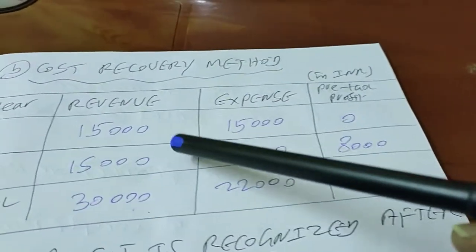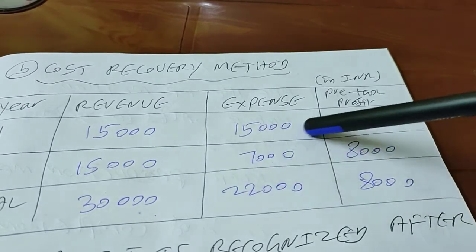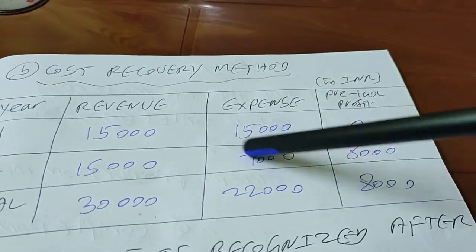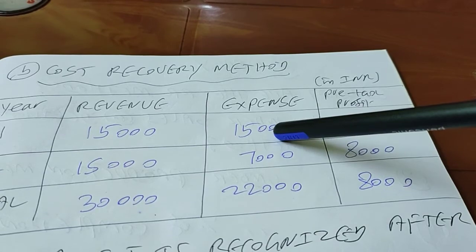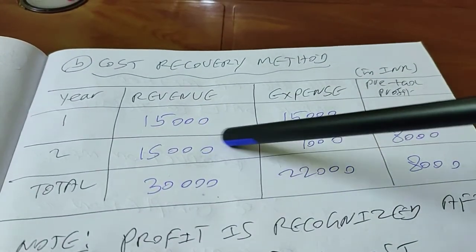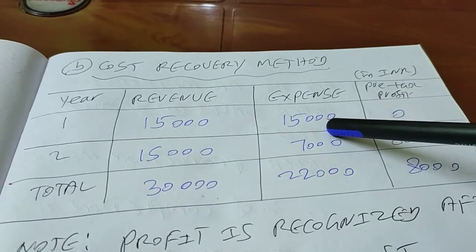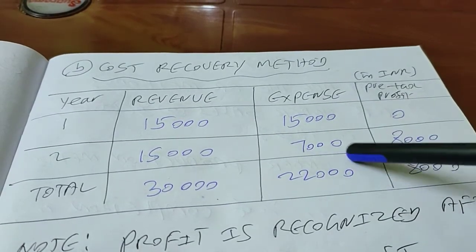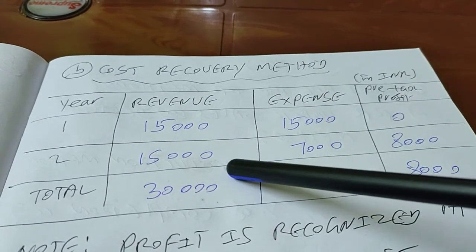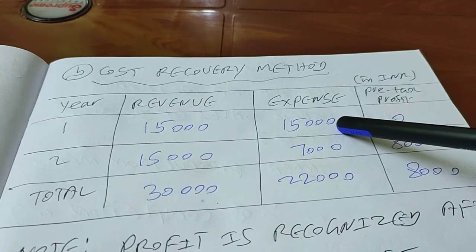If it is cost recovery method, the entire revenue is taken as expense. For example, total expense in this case is 22,000, whereas the revenue for period 1 is 15,000. So that means the entire revenue is taken as an adjustment for expense, that is 15,000, and the remaining expense of 7,000 is adjusted in the second period. Because out of 22,000, 15,000 we have already recovered.